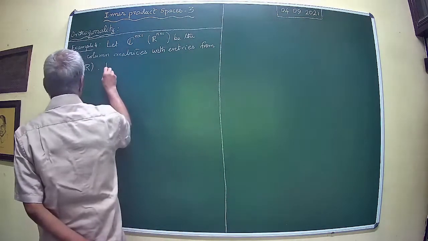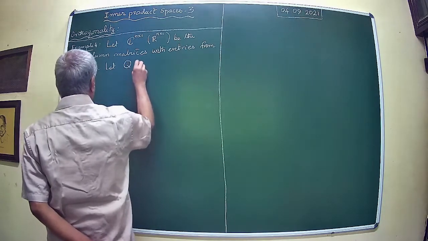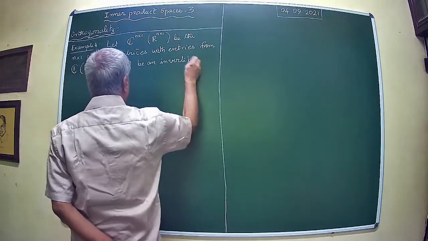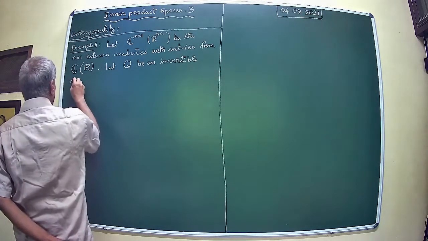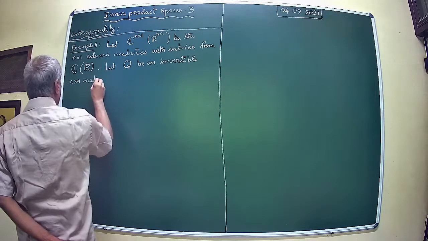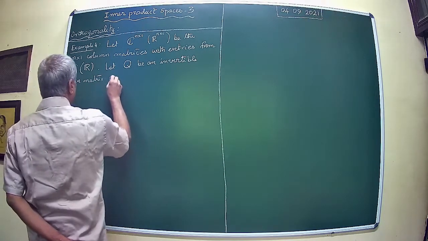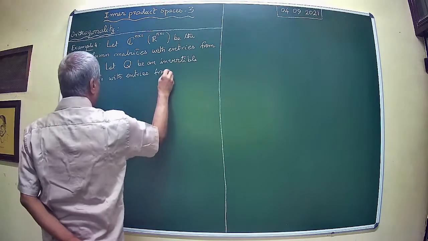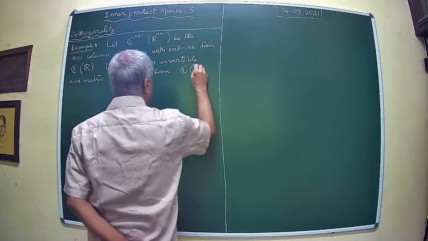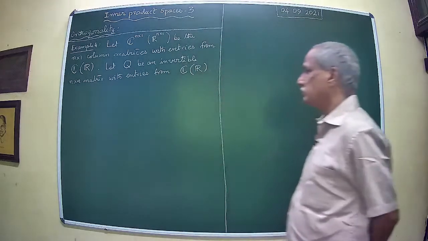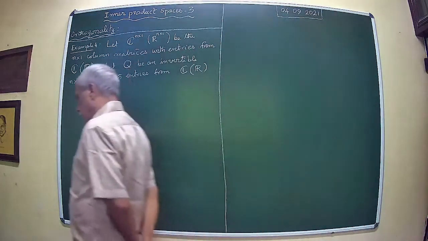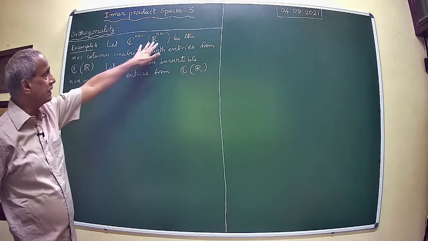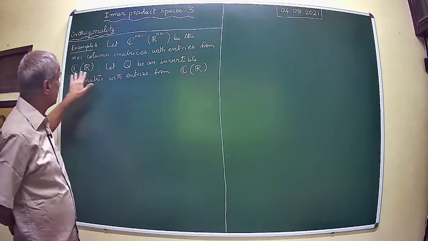Let Q be an invertible matrix with entries from C or R. So this bracket means that if you read the statement with C n cross 1, then you use C here.